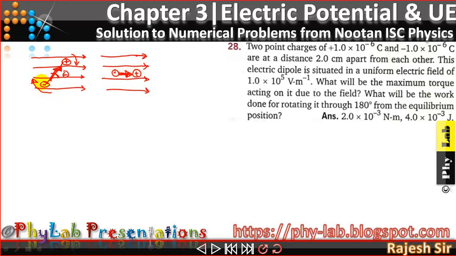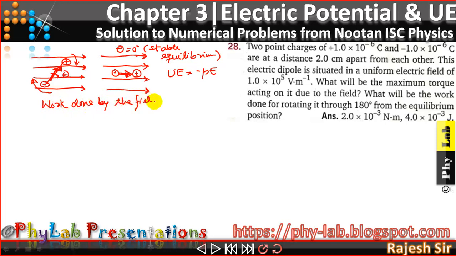So in this situation, from any angle theta to this orientation, that is theta equals 0 or stable equilibrium position, potential energy being equal to minus PE, the work will be obtained. So here the work will be done by the field, and this work done by the field will always be obtained by you. So work is obtained.